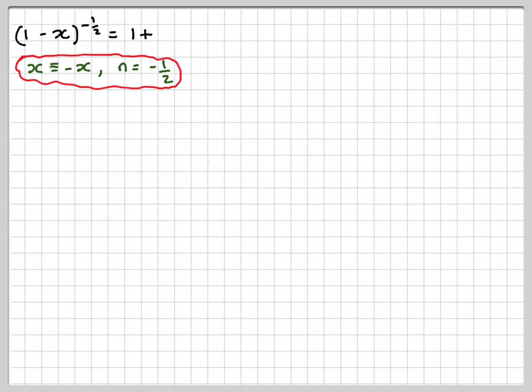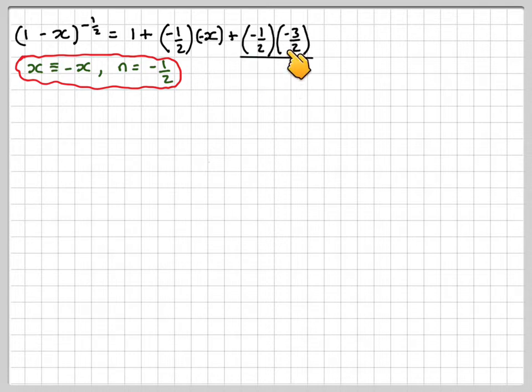Okay, doing the other one, this time you take x equivalent to minus x and n is equal to minus a half. That will become 1 plus minus a half times minus x. Make sure you're using brackets here. Plus minus a half, taking another 1 from that will give you minus 3 over 2, over 2 factorial times minus x all squared.